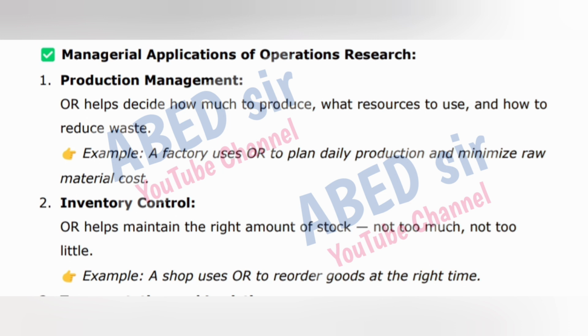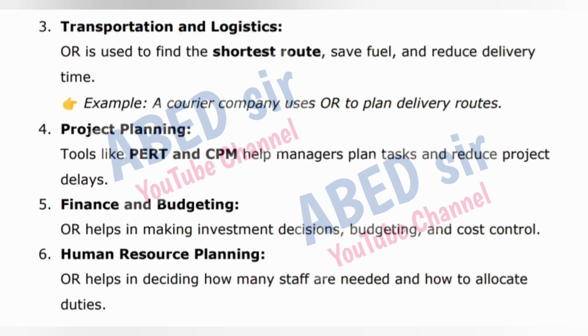Example: a shop uses OR to reorder goods at the right time. 3. Transportation and logistics. OR is used to find the shortest route, save fuel, and reduce delivery time. Example: a courier company uses OR to plan delivery routes.